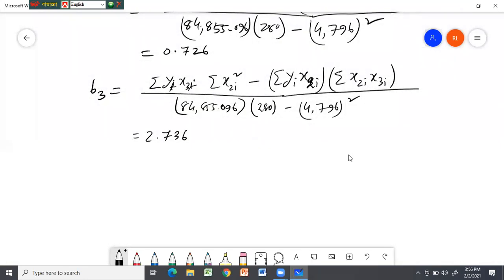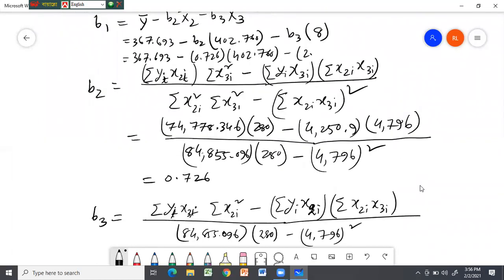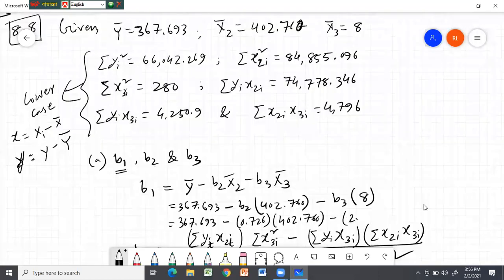So now your B1 can be calculated. Just replace it in the earlier equation. You can calculate B1 now. So it is equal to 367.693 minus the B2 value, which was 0.726 that we have just calculated, and B3 is 2.736 into 8.